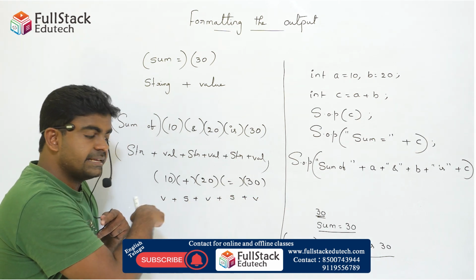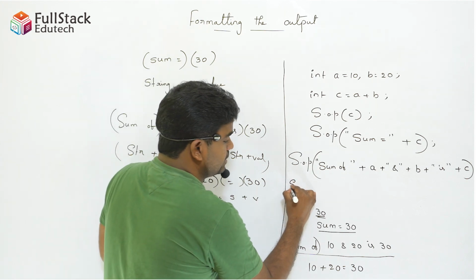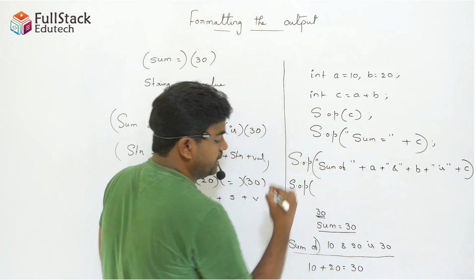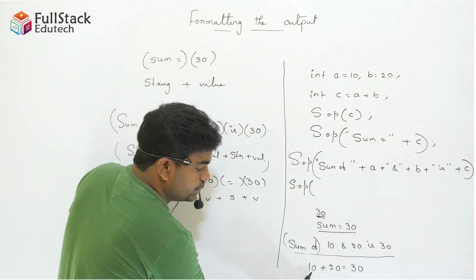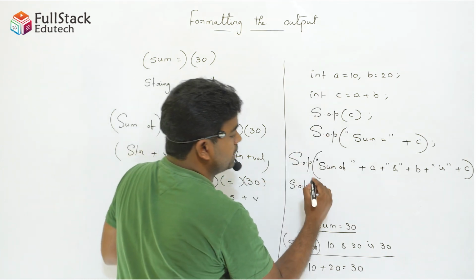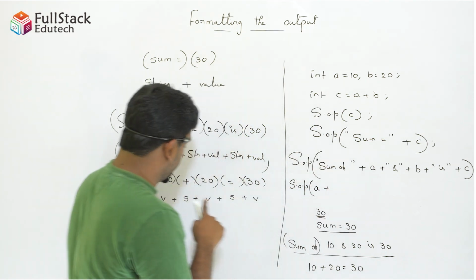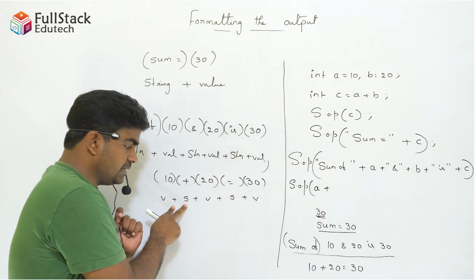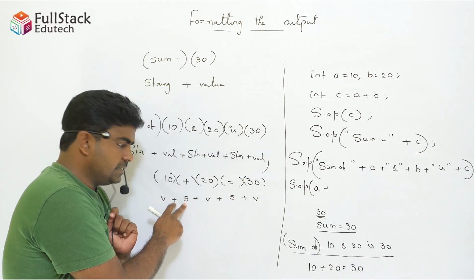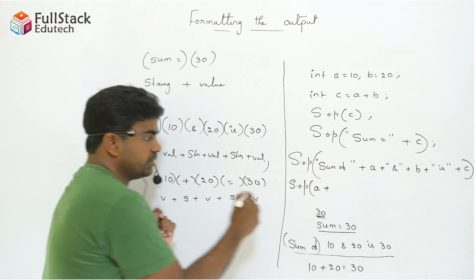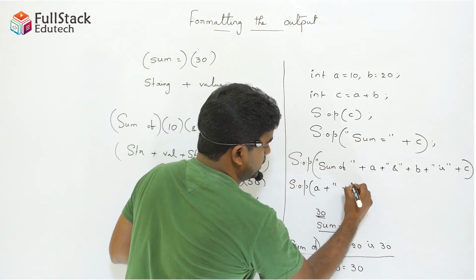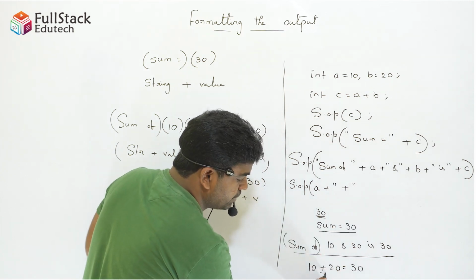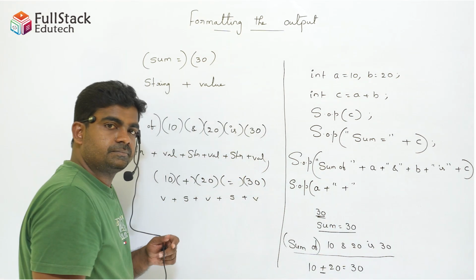How can you specify this? System.out.println. First of all, the value 10, which means A. Plus string. What is this string? This is the plus sign, because I just want to display plus on the screen.